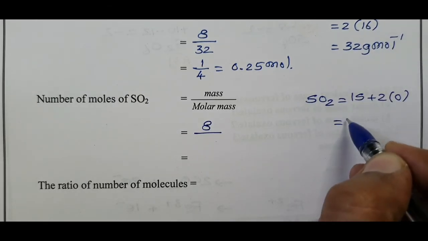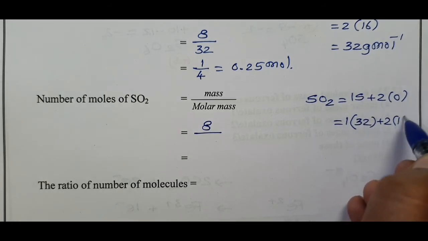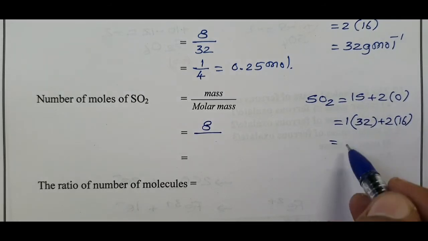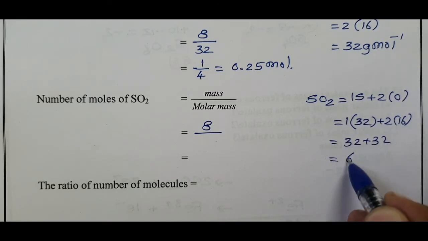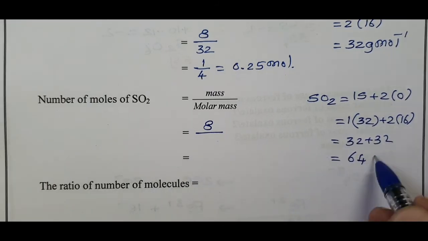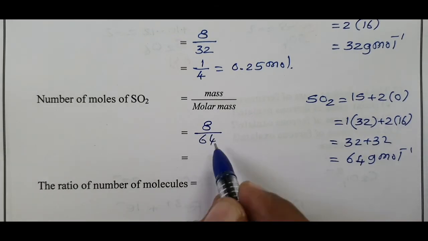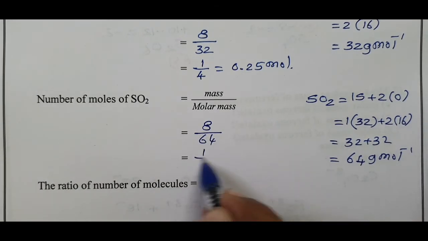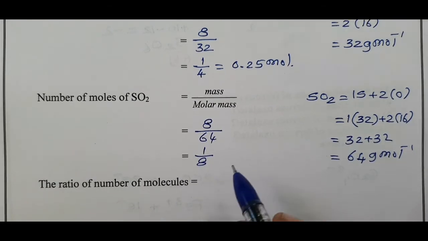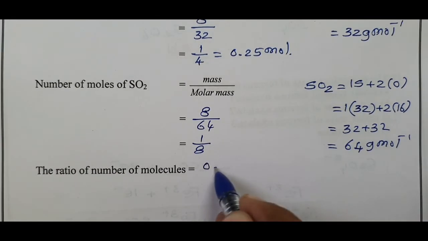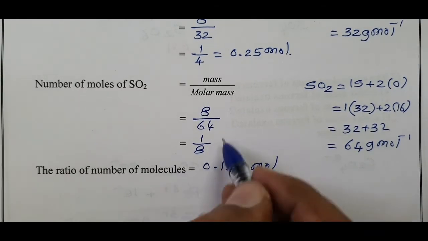That is equal to 1 into sulfur atomic mass 32 plus 2 into oxygen atomic mass 16, that is 32 plus 32 equals 64, the molar mass of sulfur dioxide. 1 8 is 8, then 8 8s are 64. Therefore, that is equal to 1 by 8, which means 0.125 mole.